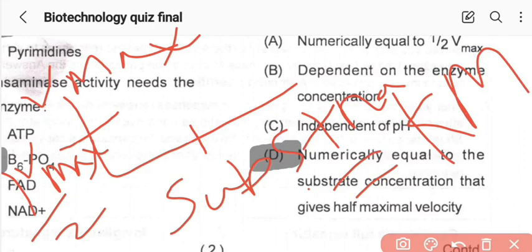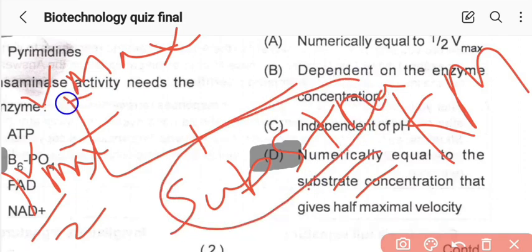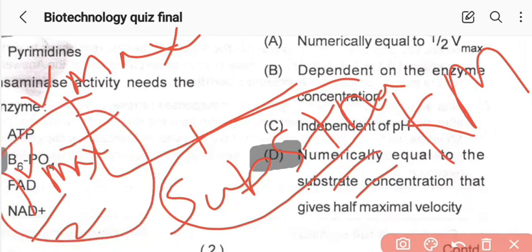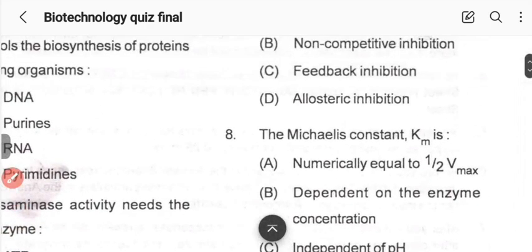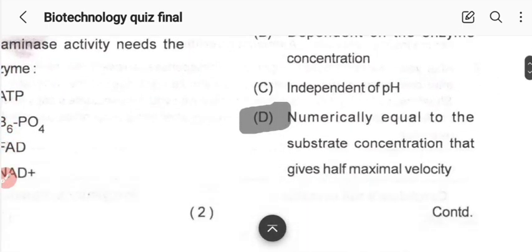So whatever the substrate concentration at which the rate of reaction reaches half of the maximum velocity is called the Michaelis constant. Okay, so the right answer is D. The Km or Michaelis constant is numerically equal to the substrate concentration that gives half maximal velocity.